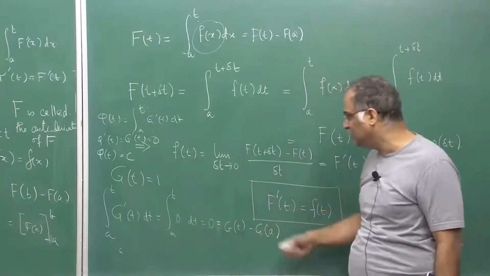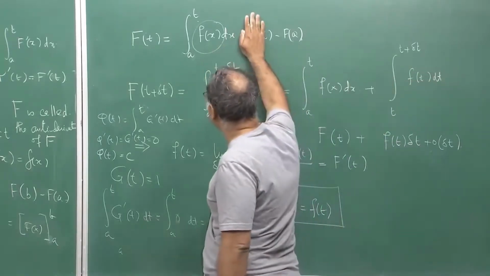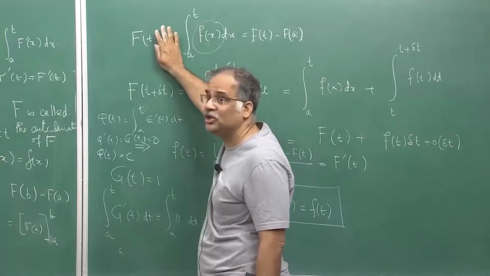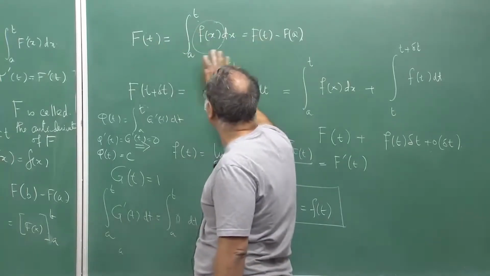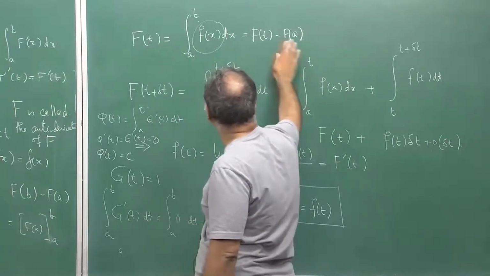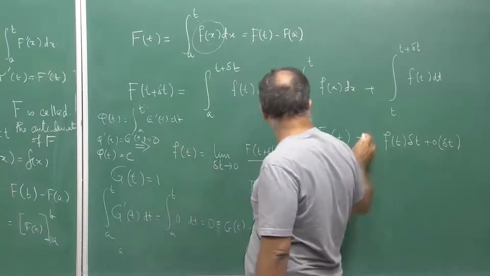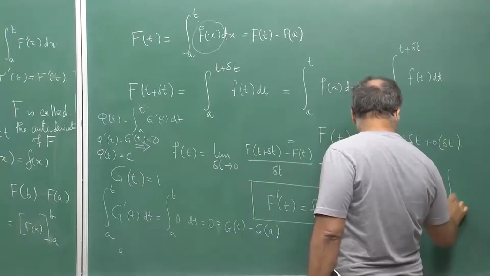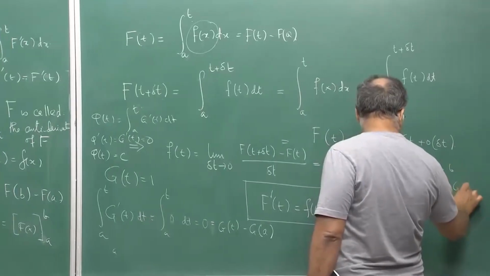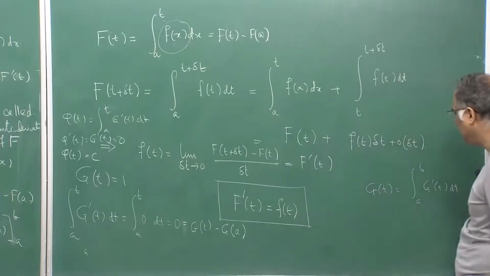Understand? So that's the whole point. When you look at just this, you handle everything as if it is a function. But if you really want to compute it, then you have to write it in this form. Actually, here also if you write gt in this particular case, now what does it mean?